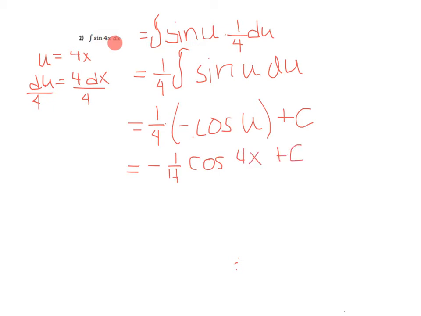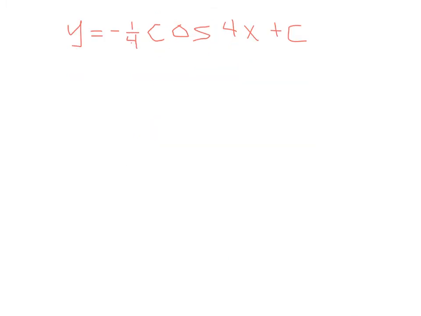How can we make sure that this is the right integral for that exercise? By obtaining the derivative of it. So this is the function we found in the previous exercise. Now we're going to make sure that this is the right answer by doing the derivative.